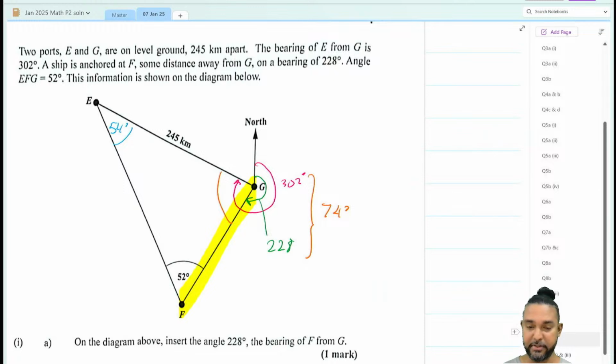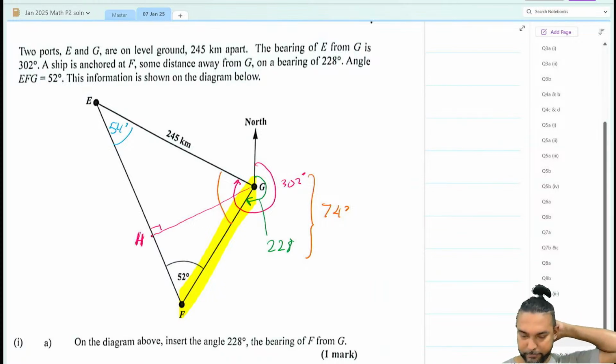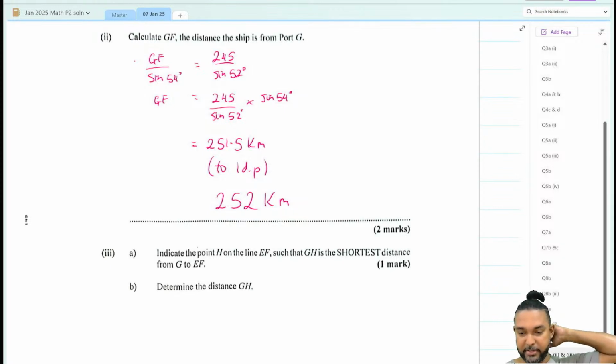The shortest distance from G to EF. H, and make sure you put your right angle. So that's point H right there. Cool. Determine the distance GH.